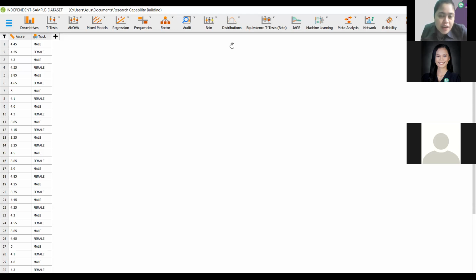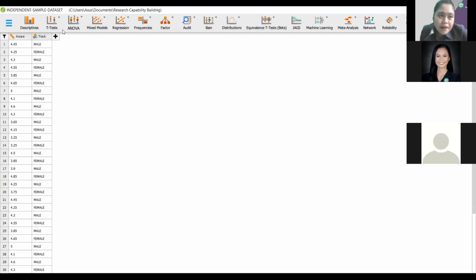Okay? So i-check muna natin if tama yung ating data type. So yes, this is scale for the level of awareness. These are true numbers. These are the mean scores of each participant. And then for the track, yes, this is also correct. Nominal siya, okay? Kasi category, di ba? Male and female.